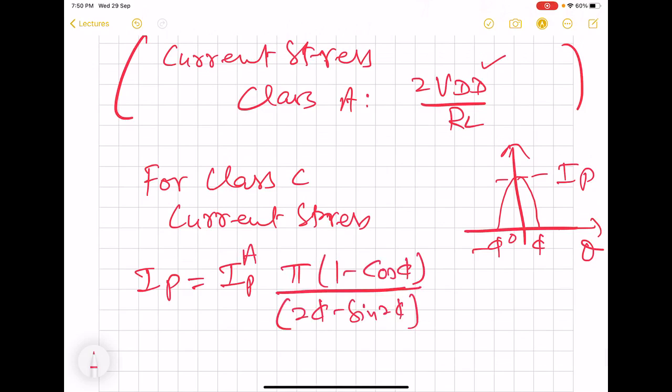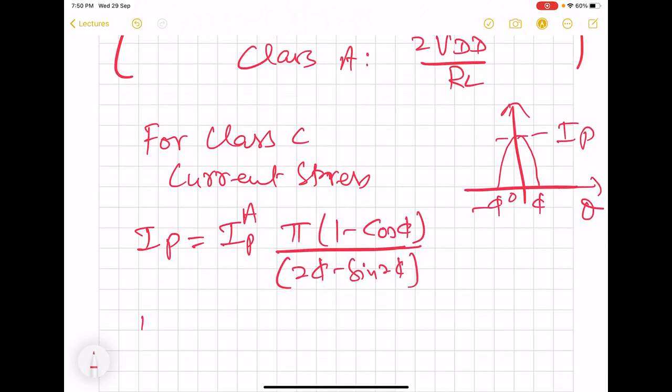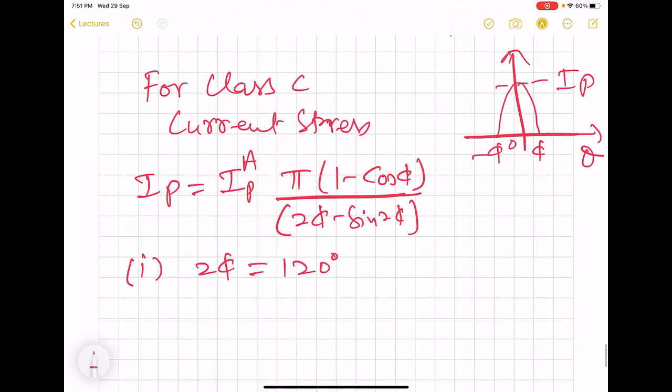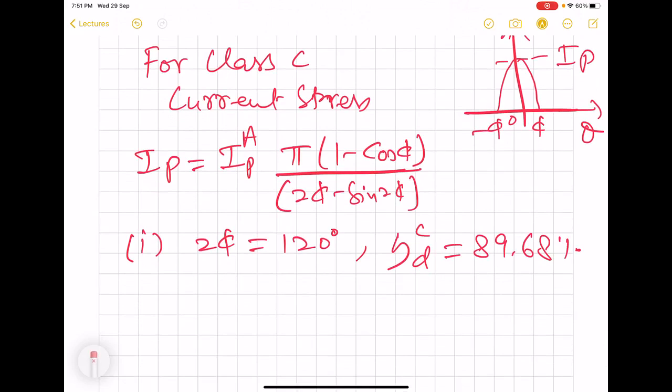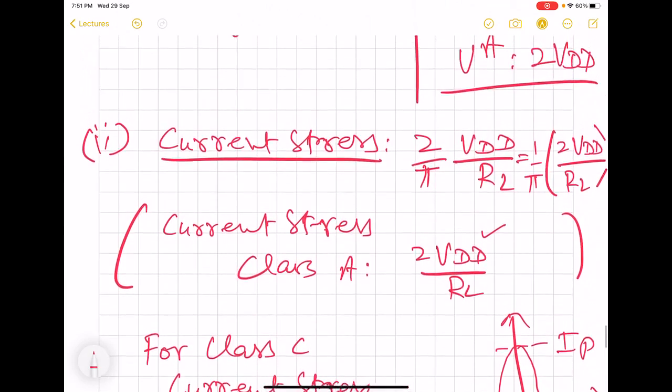This will of course depend upon the conduction angle 2 phi. For example, if we take the case of 2 phi equal to 120 degrees, the efficiency for class C turns out to be 89.68%. And in this case, the peak current that will flow through the MOS will be 1.28 times that of class A.